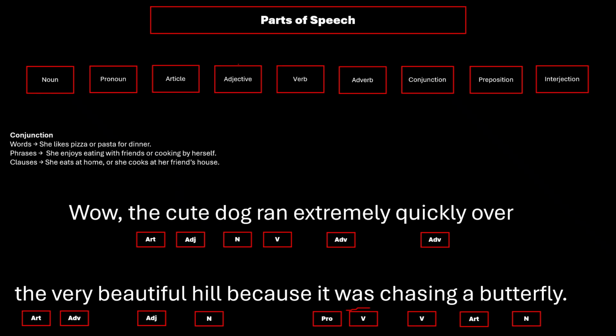All right, let me emphasize that again. So conjunction connects words, as we can see here, pizza, pasta, connecting two words. It also connects phrases, enjoying eating with friends, that's a phrase, and cooking by herself.